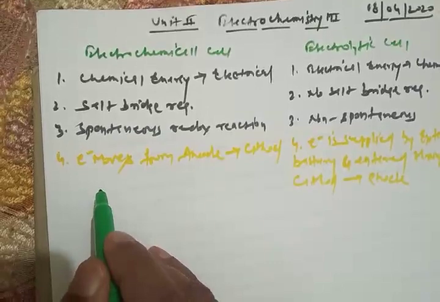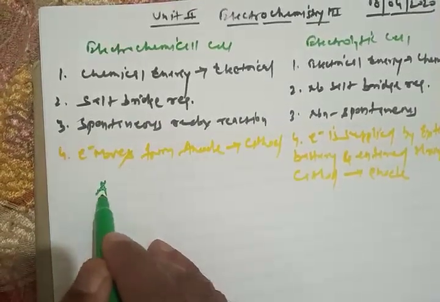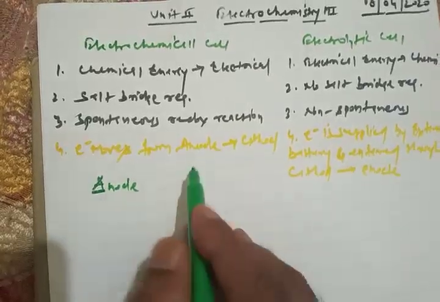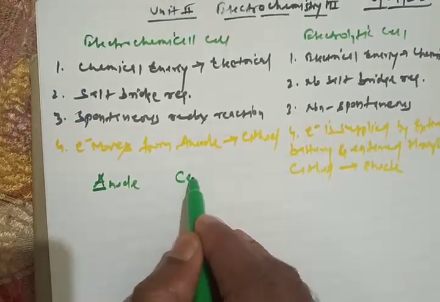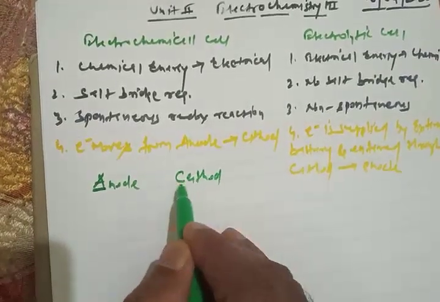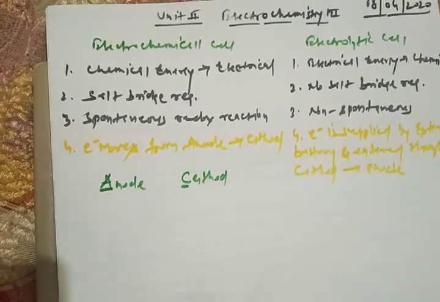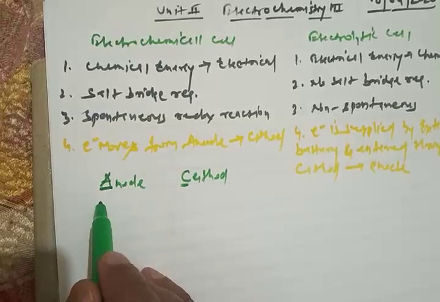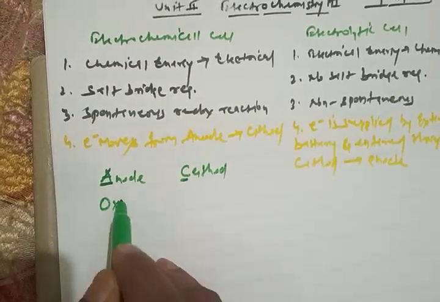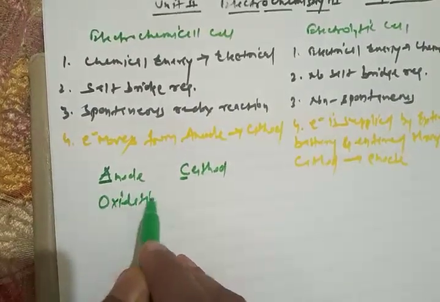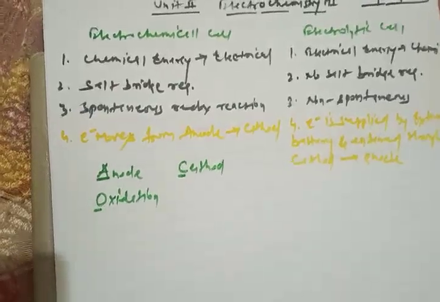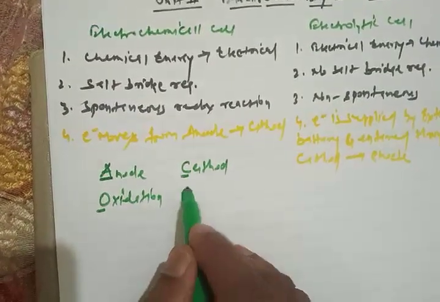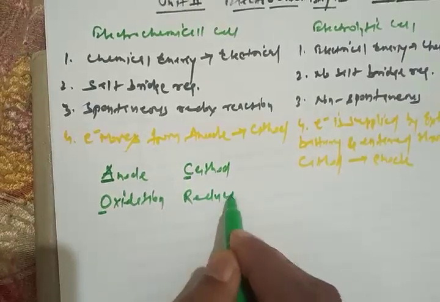Anode, A comes first, then C, cathode, C comes after A. So anode, then cathode. Similarly, oxidation, that means O comes first, then R, reduction.